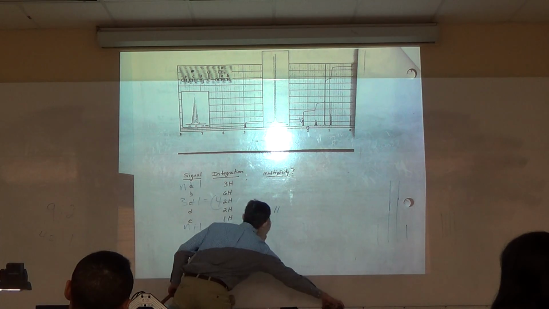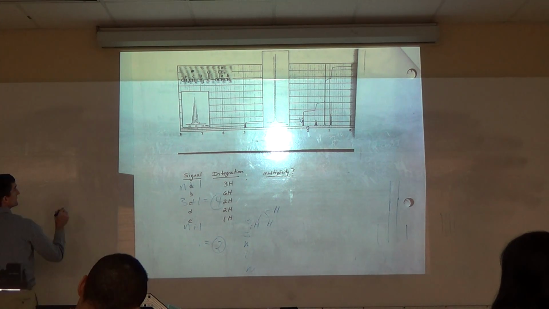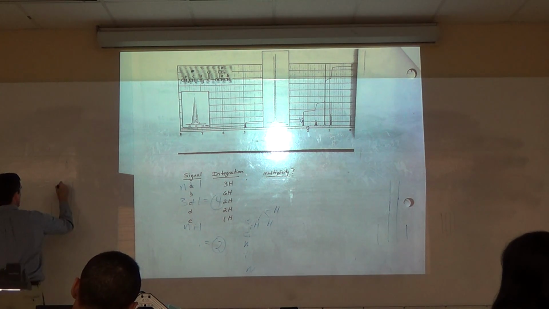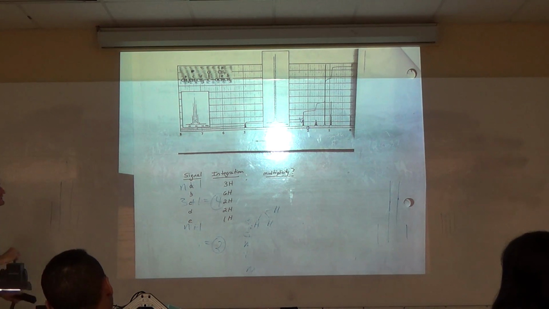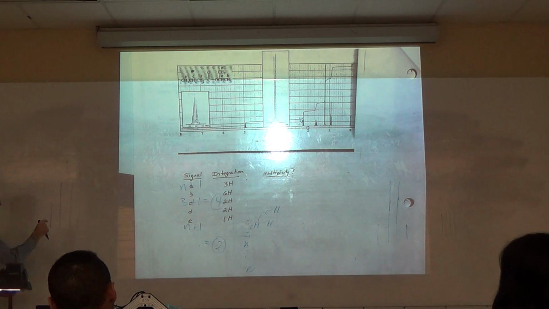And so the C signal, we're talking about the C signal, A splits the C signal into a quartet. Now let's do the n+1 rule again for the D neighbors. How many D neighbors? 2. n+1 is 3. Triplet. The D splits each of these lines into a triplet.